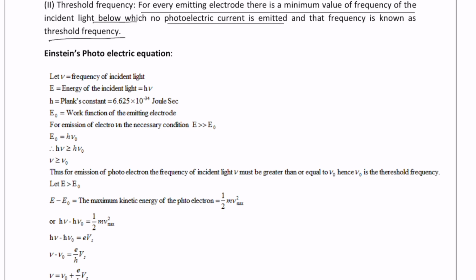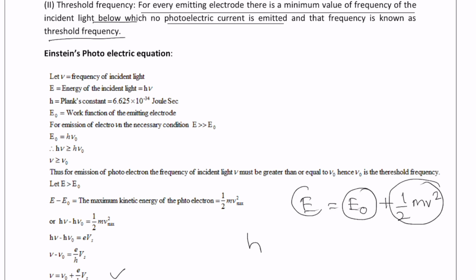So Einstein photoelectric equation, already we have explained that the total energy supplied is used for what? Part of the energy is used for emitting the electron, remaining part of the energy is used to move the emitted electrons. So this is the kinetic energy, this is the work function, this is the supplied energy.